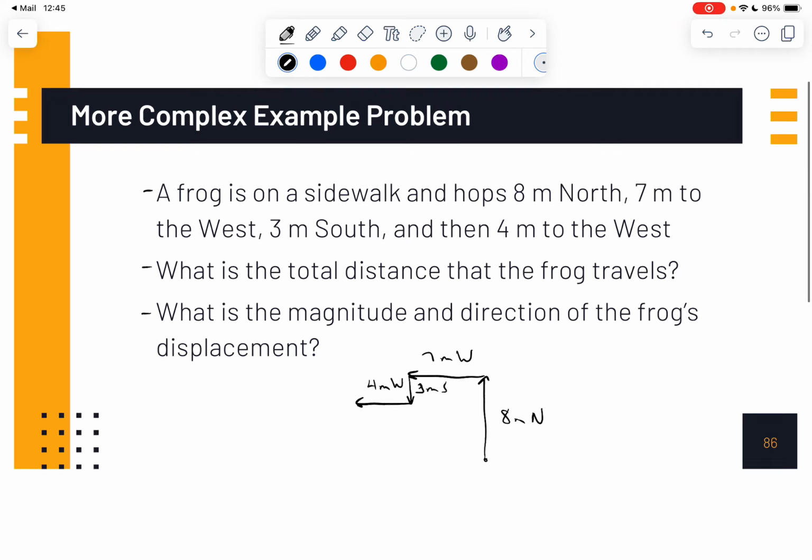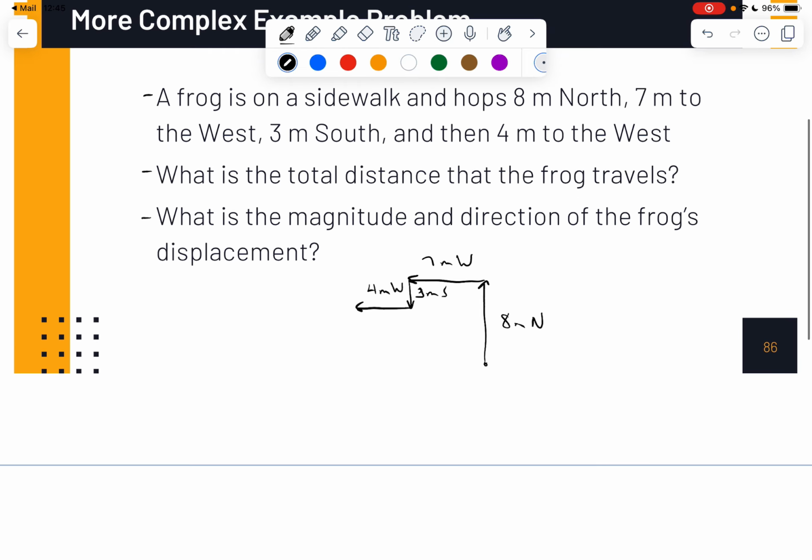So when we think about the first part of this question, if we're trying to figure out the total distance we traveled, our job is to just add up each individual leg of our motion. So to do that, we want to add 8 for 8 meters north to our 7 meters west to our 3 meters south, and then lastly to our 4 meters west.